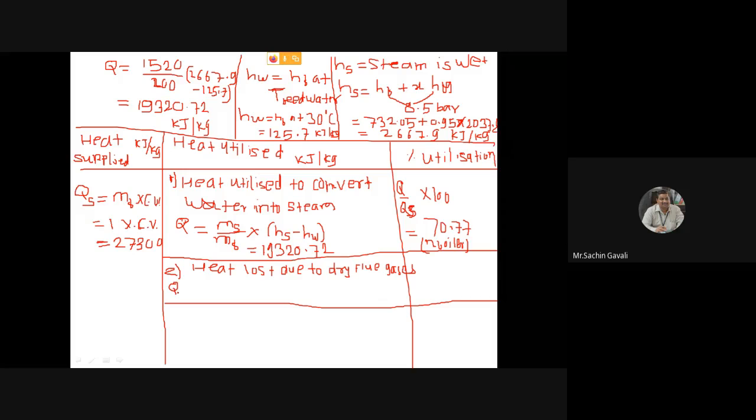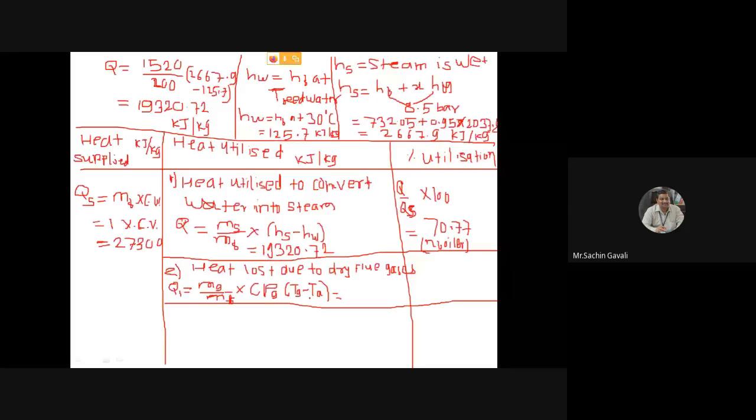Q1 is equal to mg upon mf, since everything here is per kg, into cpg into bracket tg minus ta. Okay, and directly here I will give the answer.